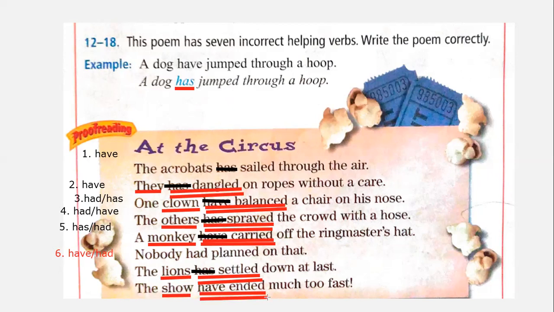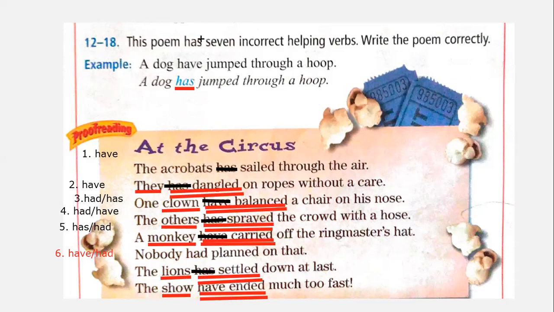And then now we look at the subject and we look at the helping verb to see if they agree. So we know that we use have with a plural subject, with I, or with you. We look at show. Show is not a plural subject. It's not naming more than one, right? And we know that if it's not naming more than one, then it's definitely a singular subject.